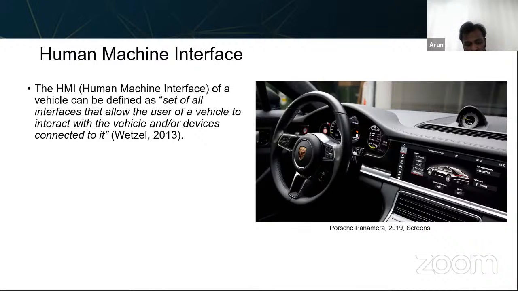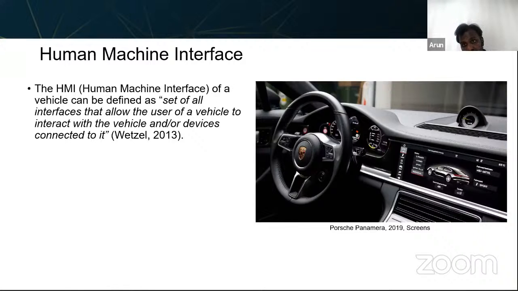For example, you have seen systems where if you get a phone call inside your vehicle, your entertainment system reduces its volume by itself, right? There are a lot of systems which can be designed, and of course, if the vehicle is going to ask you to take over control, then you need to highlight that information in a better way.